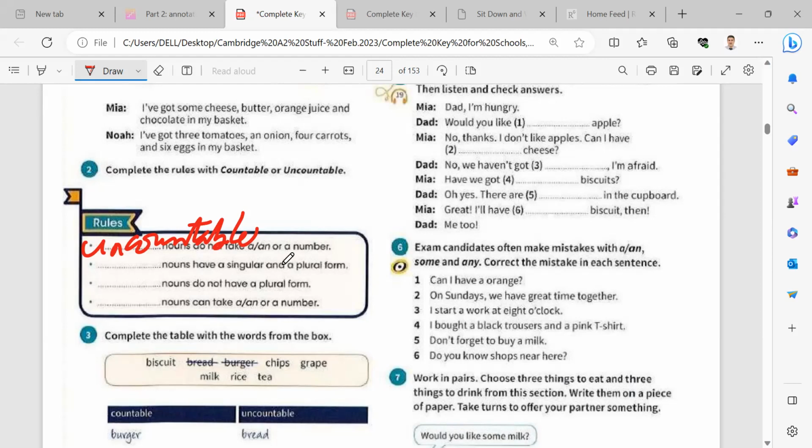Countable nouns. Yes, you are right. Nouns don't have a plural form. Uncountable. Yes, exactly. The last one, you can take a or an or a number. Countable. Yes, countable.